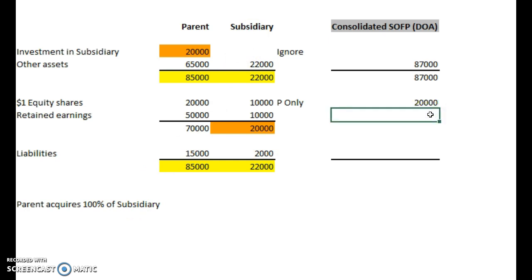Now, the retained earnings are the retained earnings at date of acquisition. So we've got 50,000 here from the parent, and that's it. We're not going to include the subsidiary's retained earnings because those were earned before the acquisition took place. So it's just the parent.